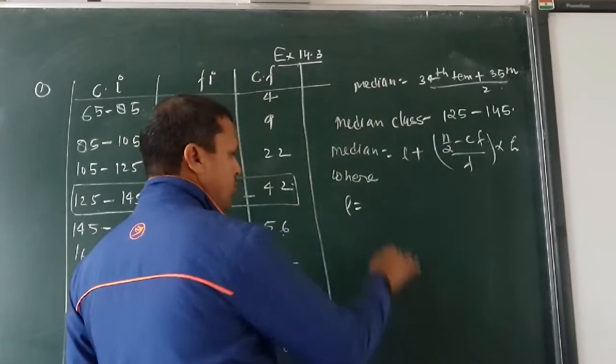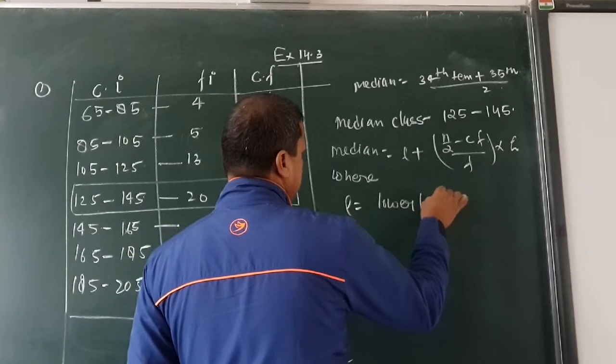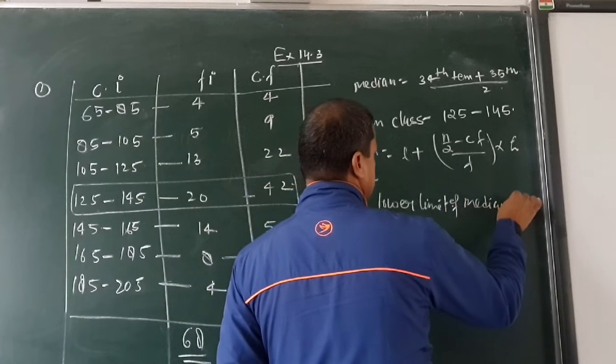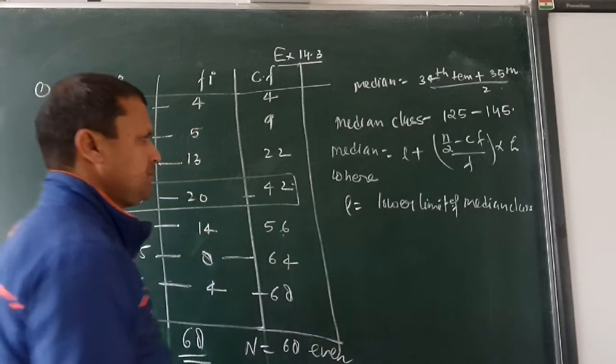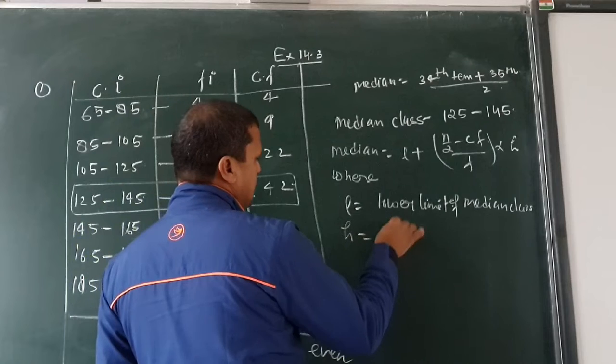L is the lower limit of the median class. Now h equals class size.